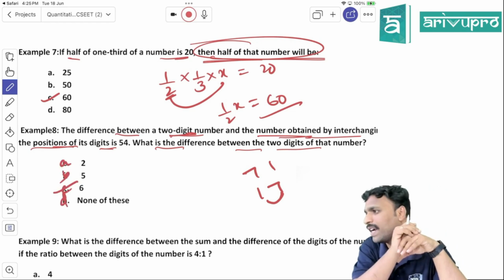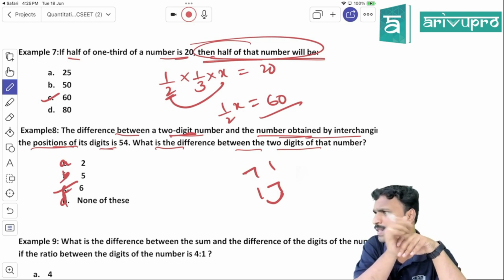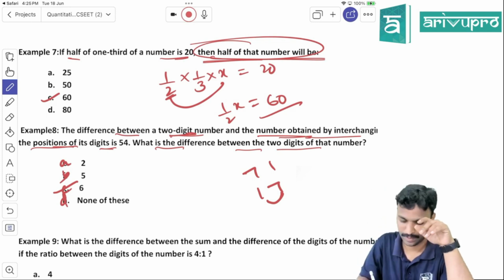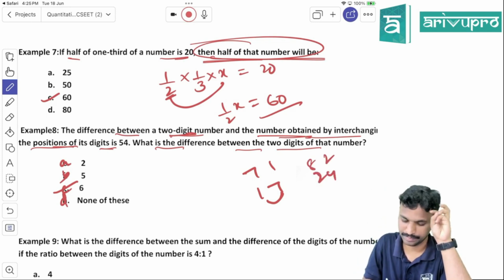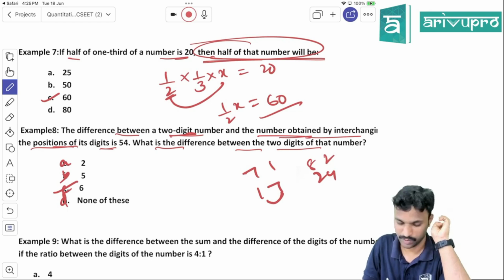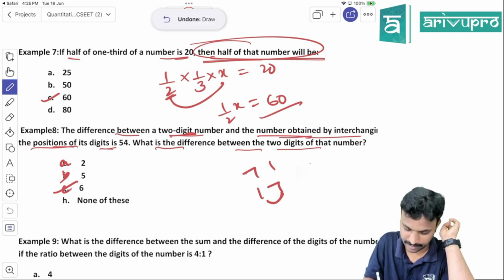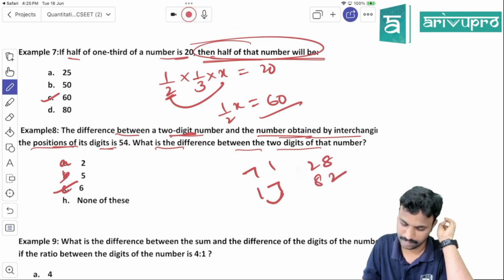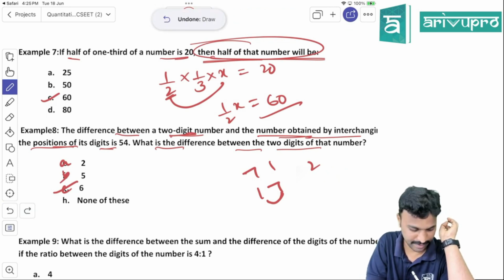Is it only 71 and 17 whose difference is 54? 28 and 82, you check. 82 minus 28.